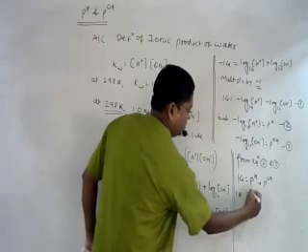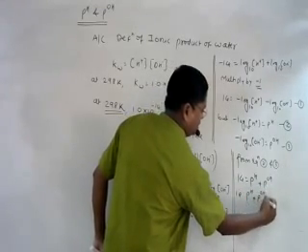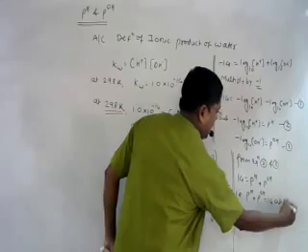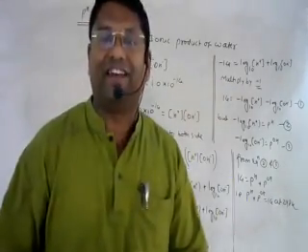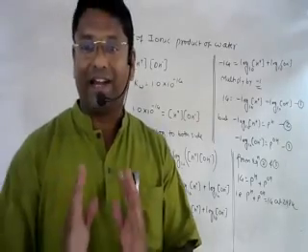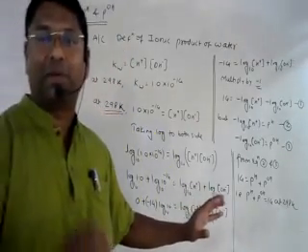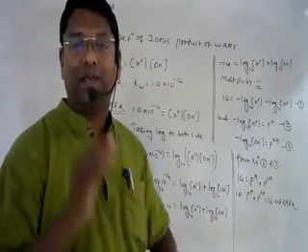That means pH plus pOH is equal to 14 at 298 Kelvin. This is the relation between pH and pOH.